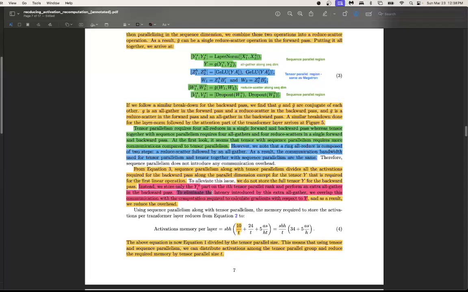But they overlap that communication with the computation required to calculate the gradients with respect to Y. That makes sense because when you're calculating the gradient with respect to Y, you're going to need some other values, not the full Y matrix itself, right?